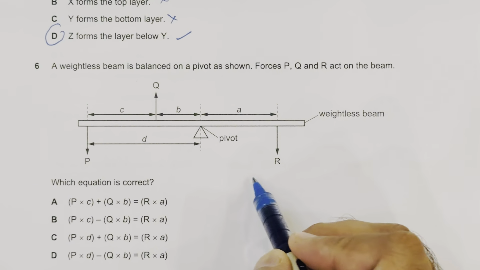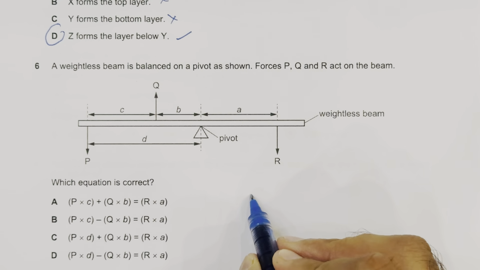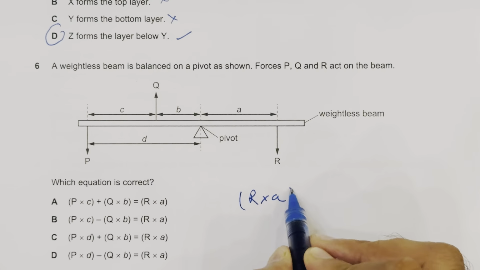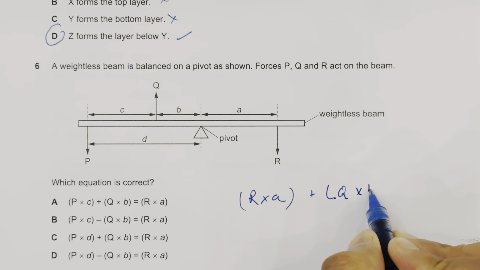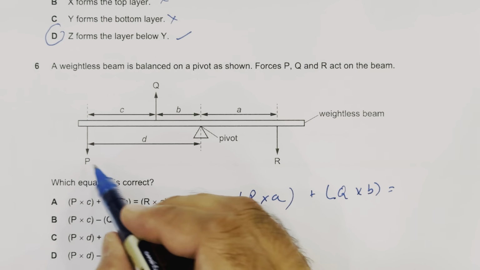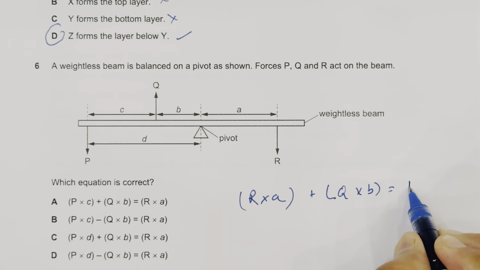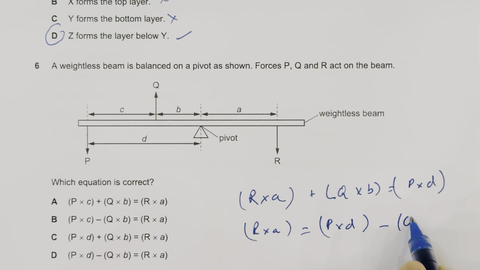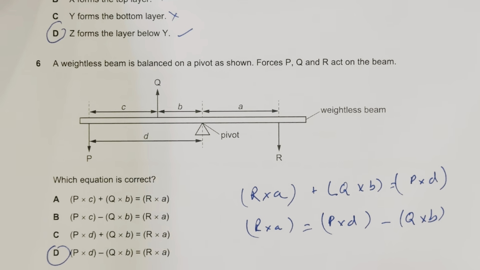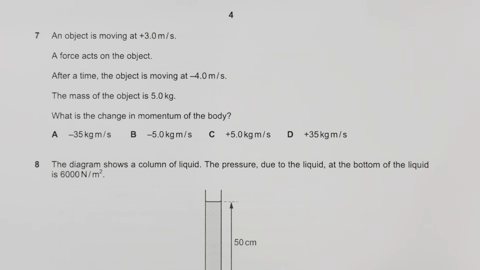First we know that R is making a clockwise moment, R into A, and another clockwise moment would be Q into B. Then the anti-clockwise moment would be P into D. So all the equations are equal to R into A. We can write this like that: P into D minus Q into B. If you look at option D, it is carrying exactly the same situation.